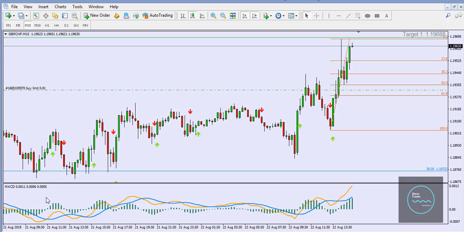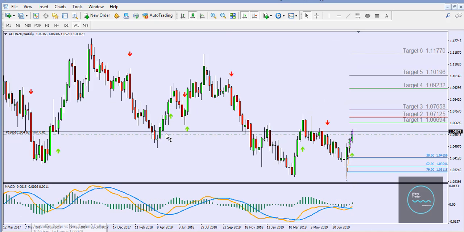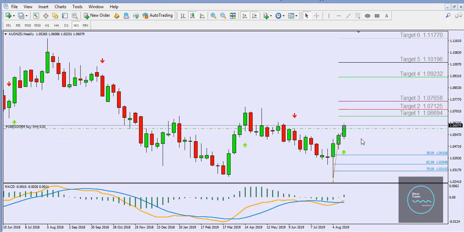Okay, the next one is the Aussie New Zealand pair. This is the Aussie New Zealand pair on the weekly chart, and you can see that we've had a very strong bullish trend going on here. All the parameters have been met. The EMAs have crossed by this arrow, signifying that MACD has crossed, pointing up.